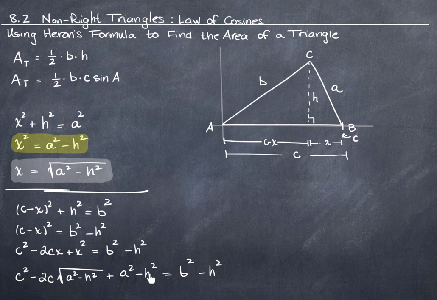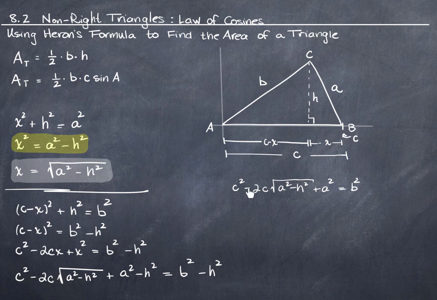Notice that I've got a term minus h squared on both sides, so if I add h squared to both sides, those will disappear. That gives me this version, c squared minus 2c times the square root of a squared minus h squared, plus a squared equals b squared.